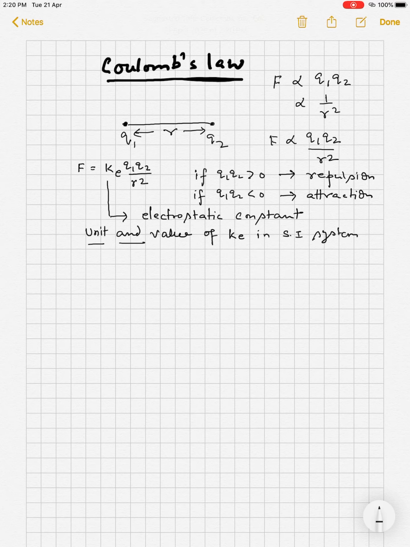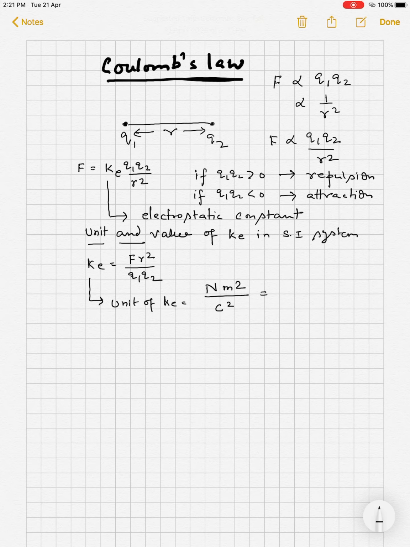So from this formula we can write Ke is equal to F r square upon Q1 into Q2. The unit of force is Newton, so the unit of Ke is Newton, and R is a distance, so it is meter square, and the unit of charge is Coulomb, so here it is Coulomb square.